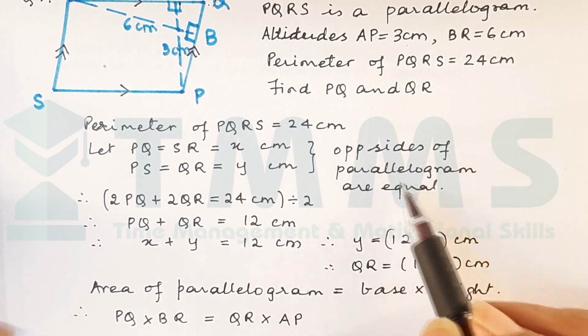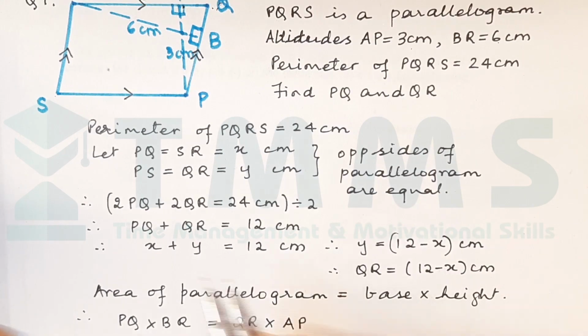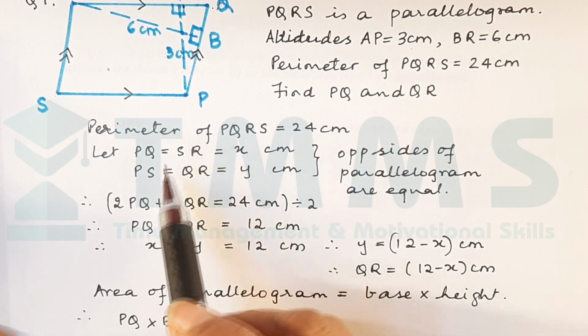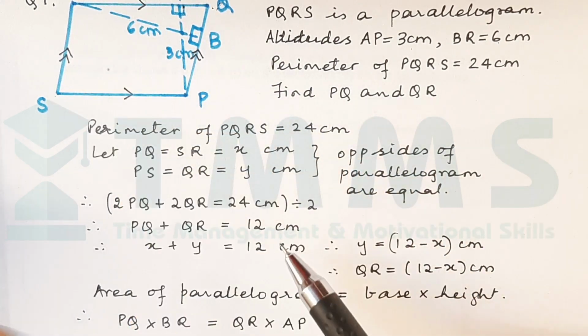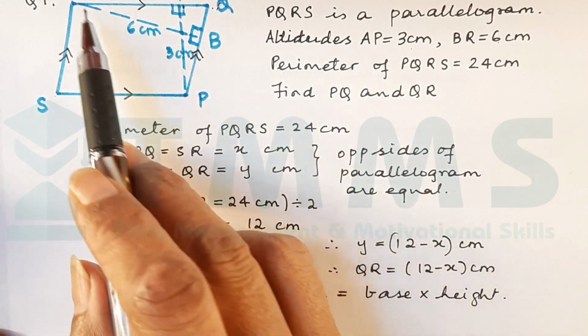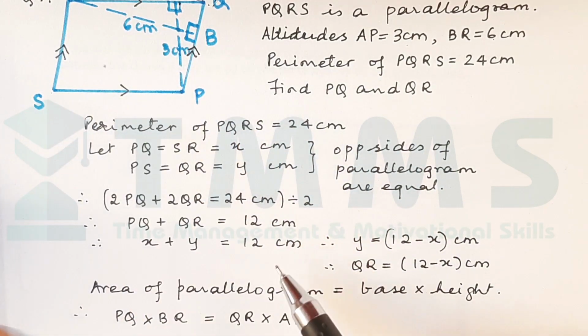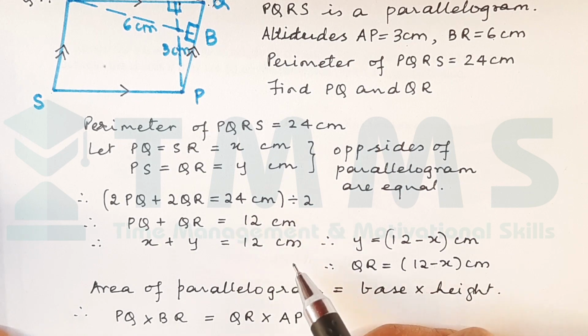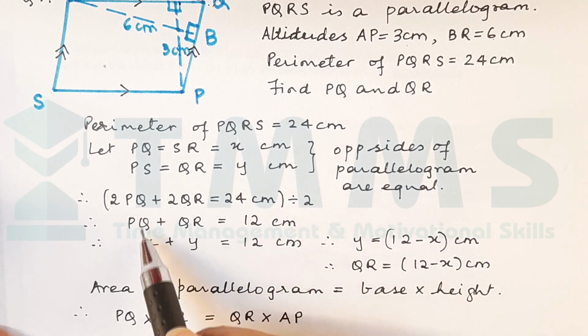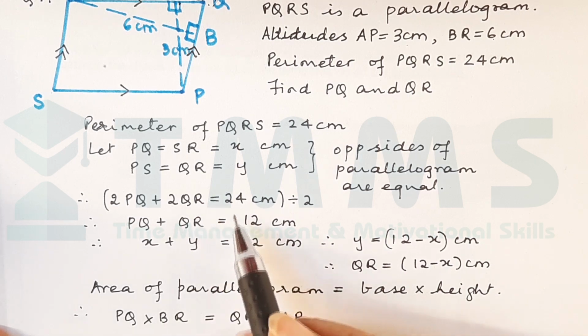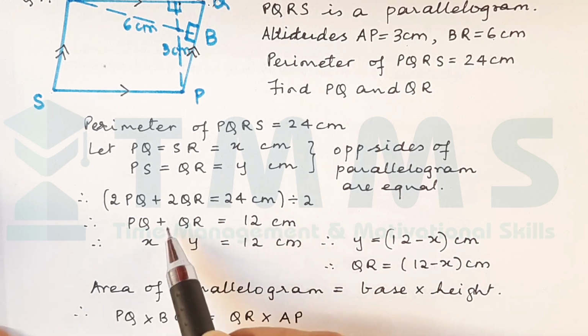Because opposite sides of a parallelogram are equal. And so we have twice PQ because this and this they are equal, plus twice QR because this and this also is equal to 24 centimeters. Now you divide the whole thing by 2. So you will have PQ plus QR equal to 12 centimeters.